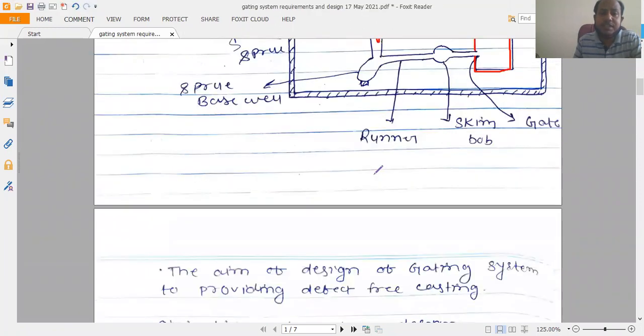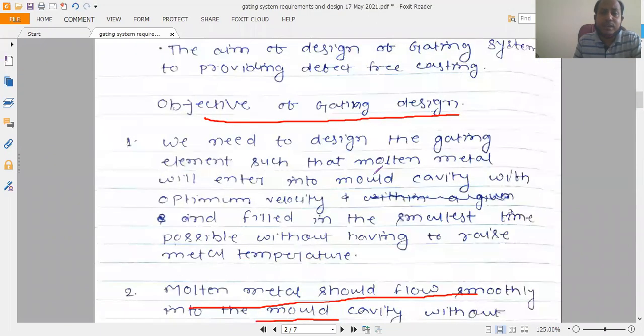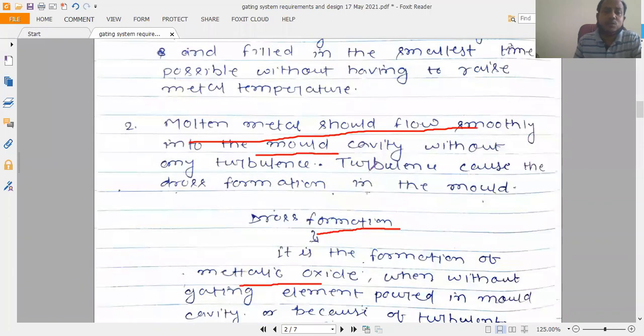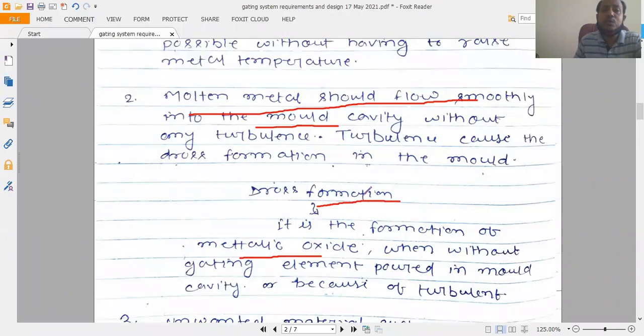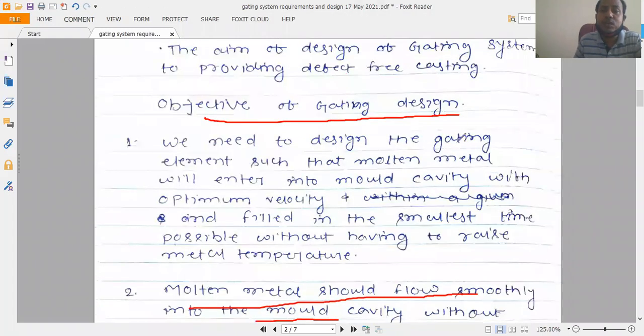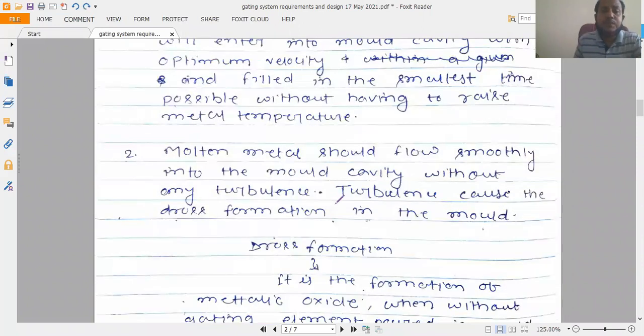If the solidification time or the flow is irregular, it will react with the oxygen O2 where the low pressure is generated, and it will solidify before it enters the mold cavity. So the flow should be smooth, and no turbulence should be generated.